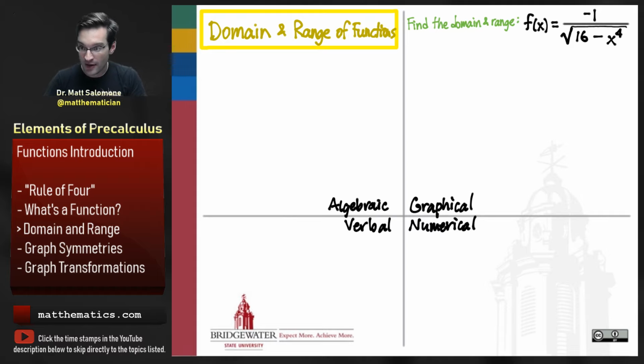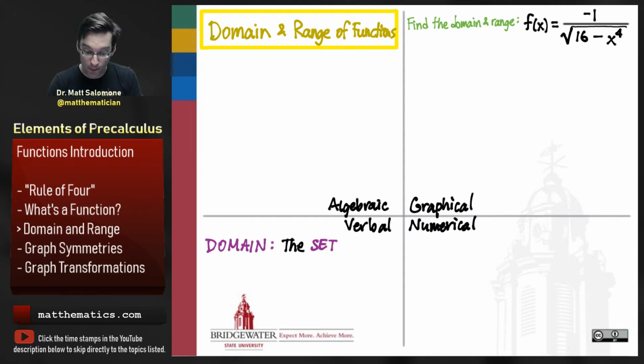So how am I going to find the domain? How am I going to find the range of this function? First of all, what do those two words even mean? That's the verbal perspective. The domain of a function is, first of all, a set. You'll maybe remember sets from your algebra classes. When we say set, we're talking about a collection of objects, not a single object, although we can think of sets as a single thing, but sets are characterized by having constituent elements in them.